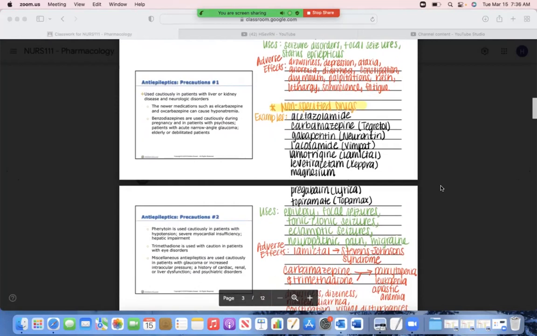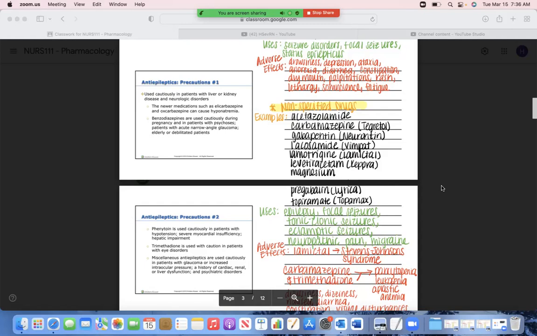Now we've got all of these other epilepsy drugs. Acetazolamide, carbamazepine, which is Tegretol, gabapentin, Neurontin, lacosamide, which is Vimpat, lamotrigine, which is Lamictal. Here's a big one: levetiracetam, which is Keppra, magnesium, pregabalin or Lyrica, and topiramate, also known as Topamax. These are very, very common anti-epileptic drugs.